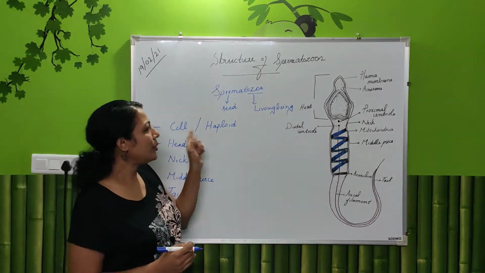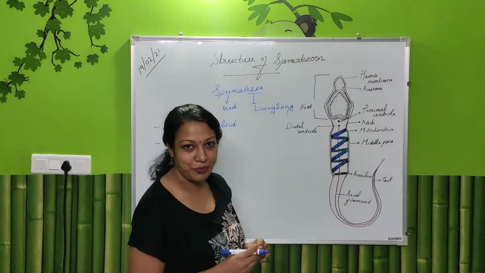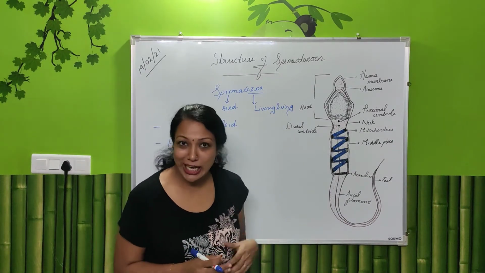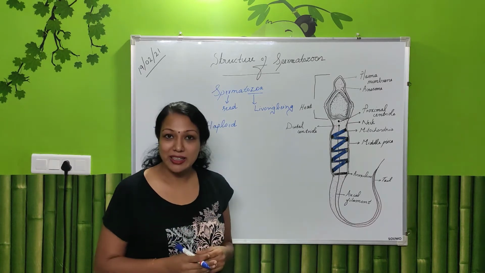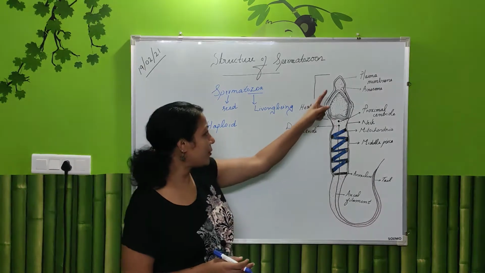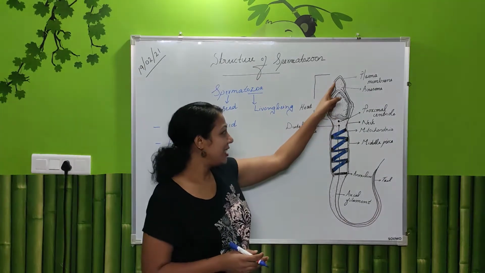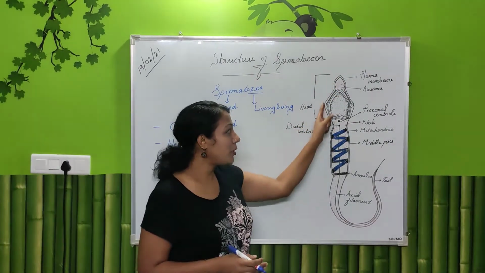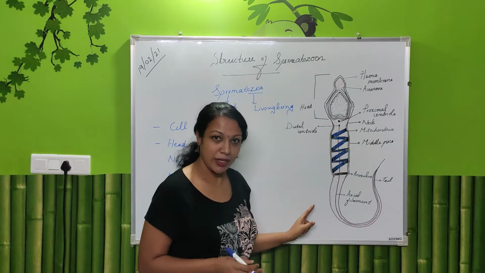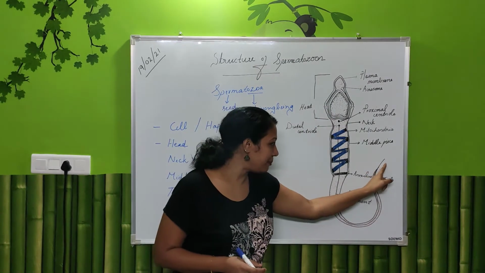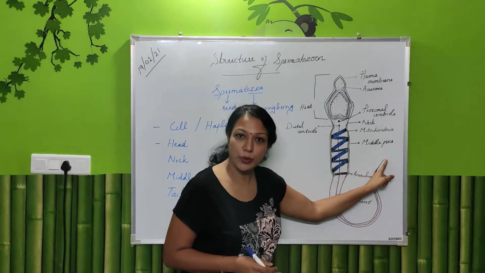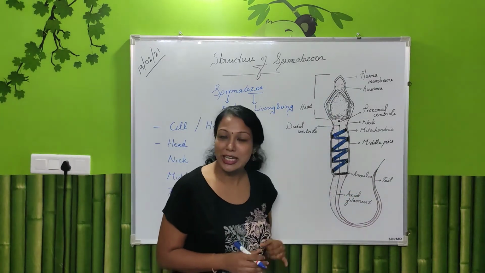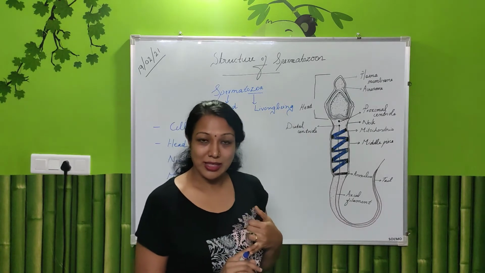Sperm is an animal cell. Now you know the speciality of an animal cell. It will be covered by a plasma membrane. So here also you can see that this cell is covered by a plasma membrane. Now the tip, this part you have to understand. Here we don't have the plasma membrane. In the remaining entire area the plasma membrane is present.